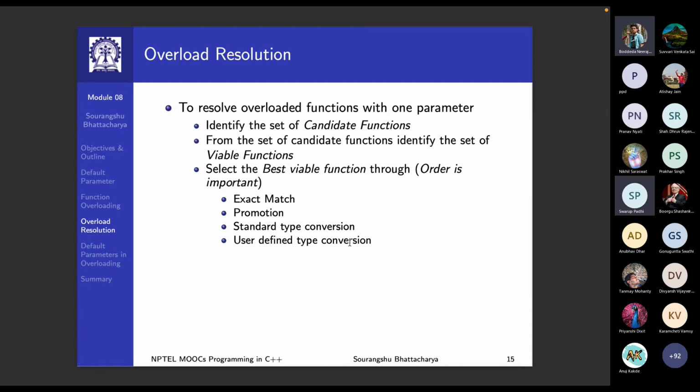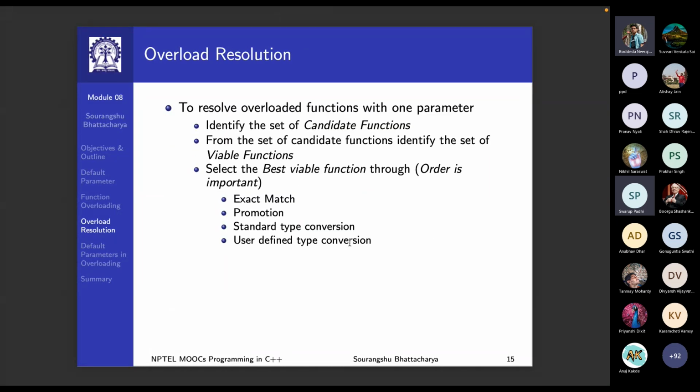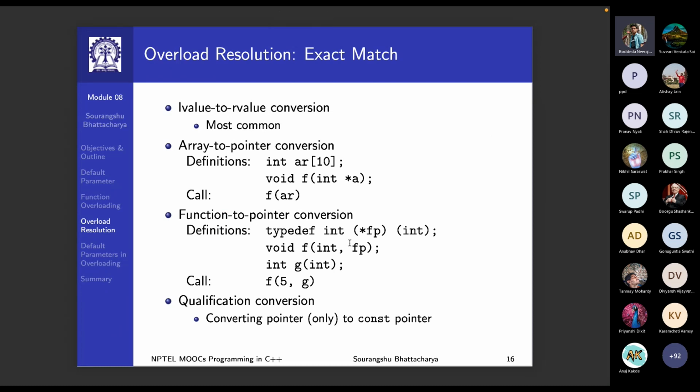Sir, how would we identify the viable functions? Suppose I'm calling a function with two parameters, one of which is int and the other is double, and there is a function which has only an int, and there is a function which has two parameters as int. So these two functions are viable functions? It's difficult for me to understand. Maybe you can type the function in the chat.